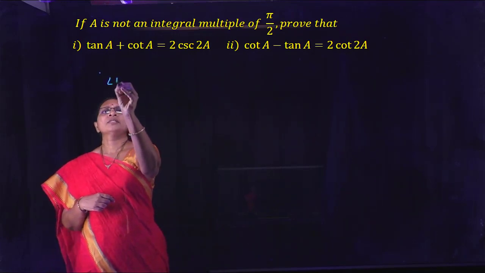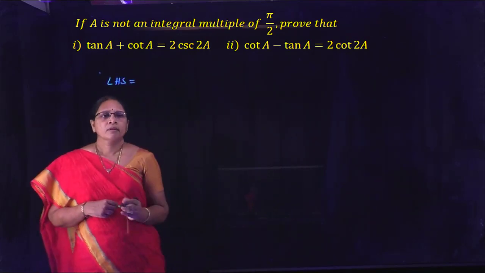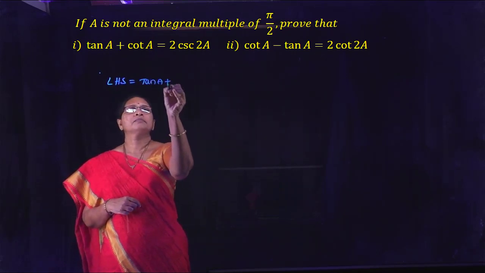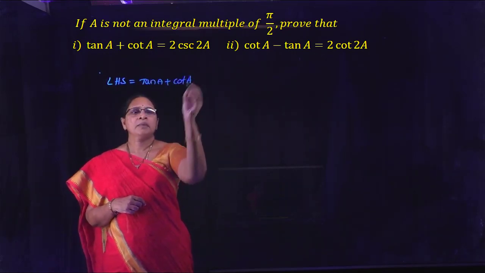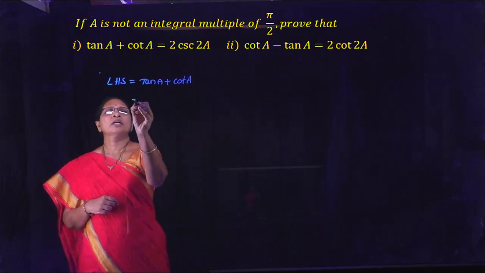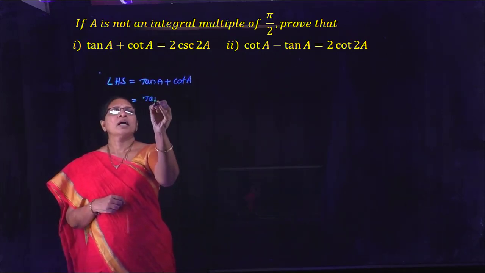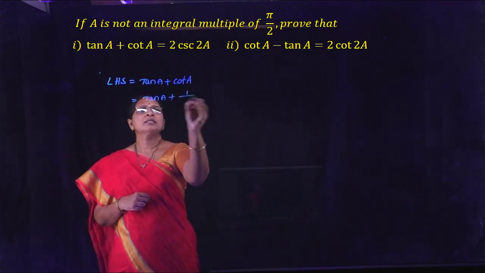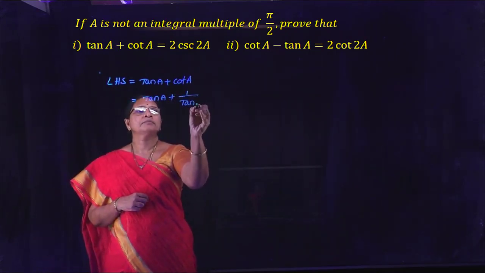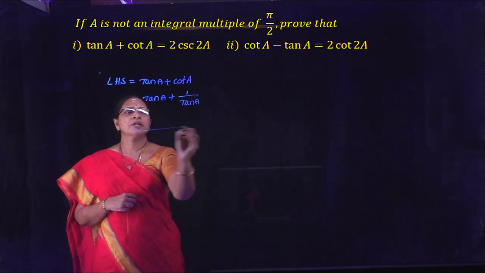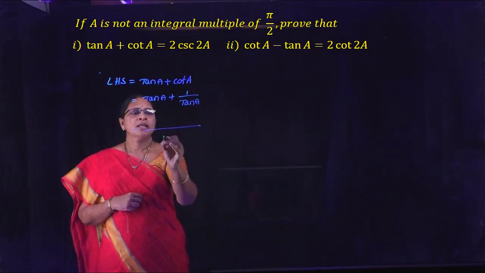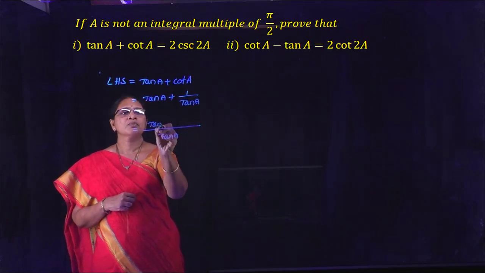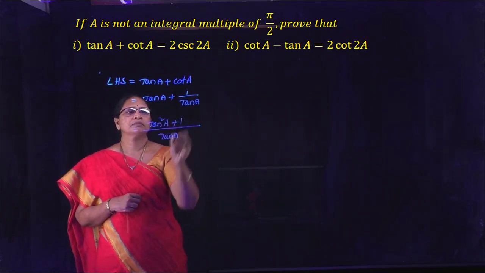Here LHS is tan A plus cot A, that is equal to tan A plus, here cot A is 1 by tan A. Take LCM, we get tan A as LCM, tan square A plus 1.